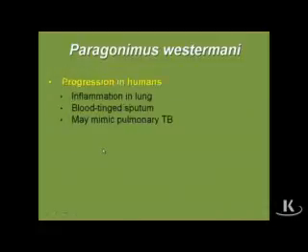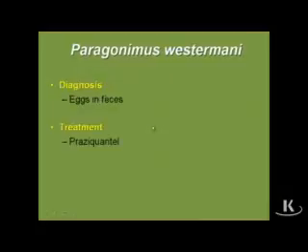The disease itself can mimic tuberculosis. So you're going to get a lot of inflammation in the lung. You're going to have hemoptysis, coughing up bloody sputum, and you can actually find the organisms in the sputum, but you can also find eggs in the feces, and that's typically diagnostic. Also, we're going to treat this fluke with praziquantel.